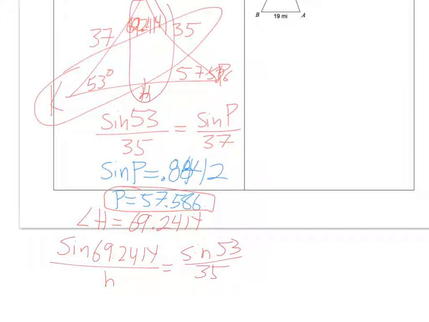So we got sine of 69.414, that's going to be times 35 divide by sine of 53. That's giving me an error. I don't know why. There we go. We get 40.979.